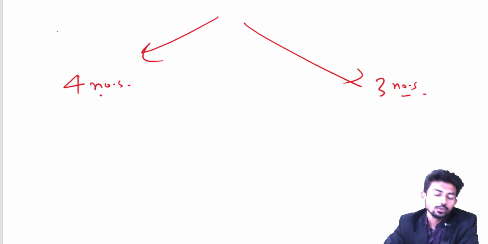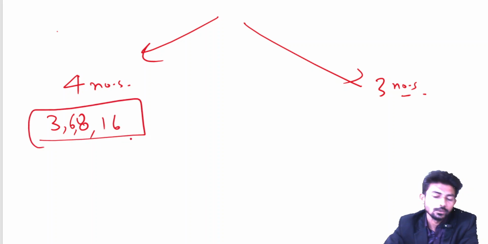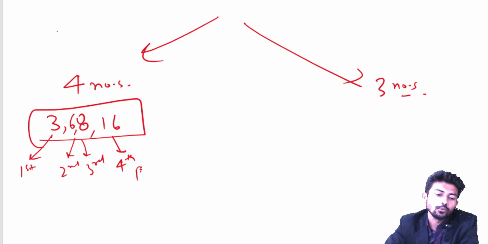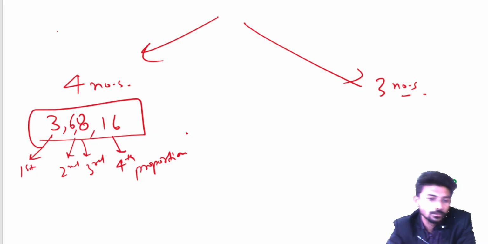What is the meaning of these four numbers? Let's suppose it is 3, 6, 8, 16. So these are four numbers. And if there are four numbers, they will be known as first proportion, second proportion, third proportion, and fourth proportion.